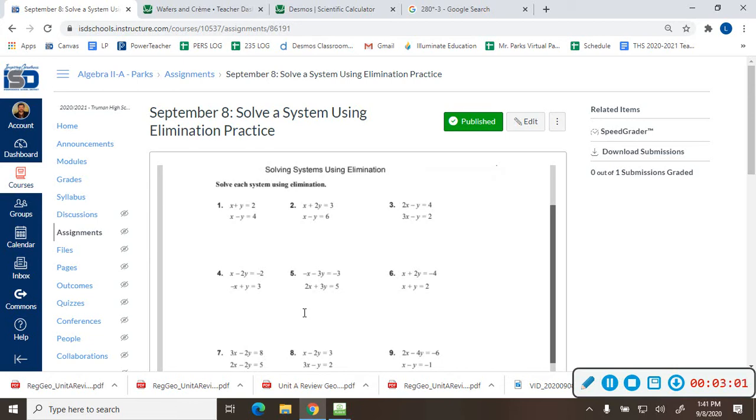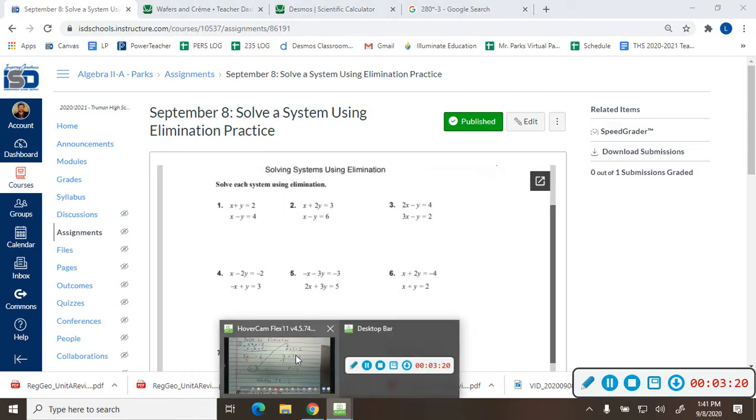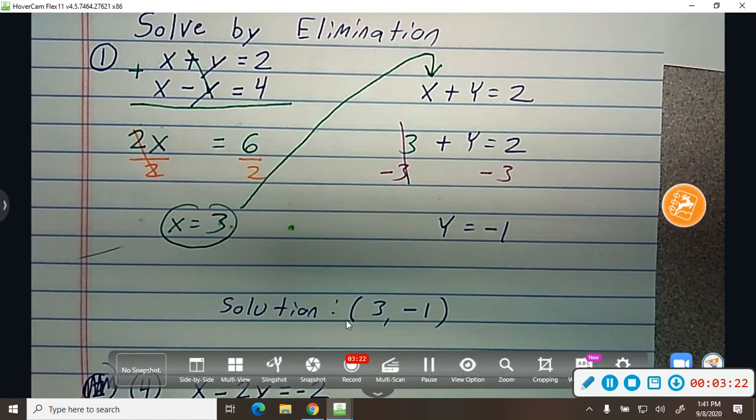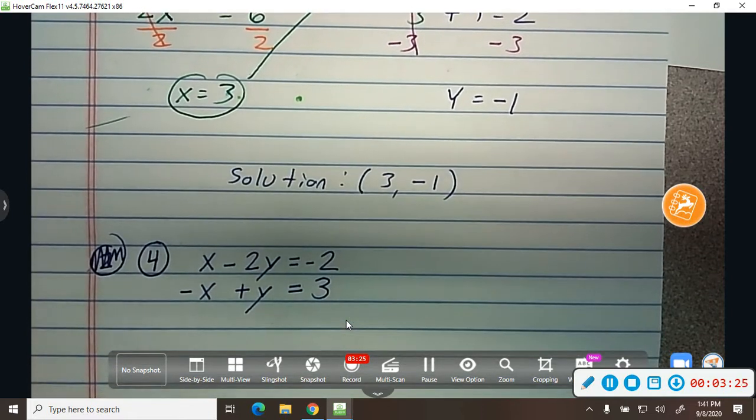So X minus 2Y is negative 2, and negative X plus Y is 3. So what I would do is, if you're watching this at home, I would try this problem from your practice, and then I would hit pause and then see what the answer is here in a second.